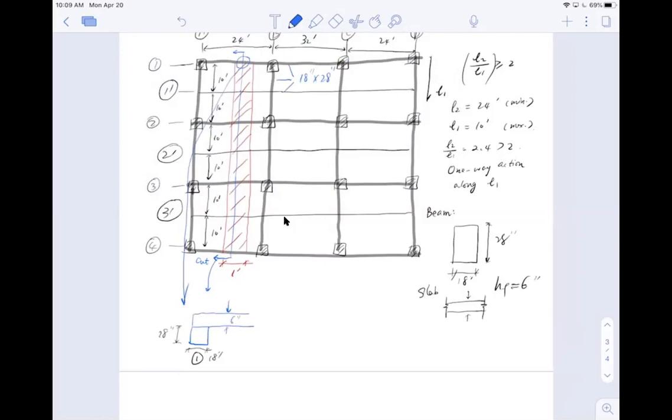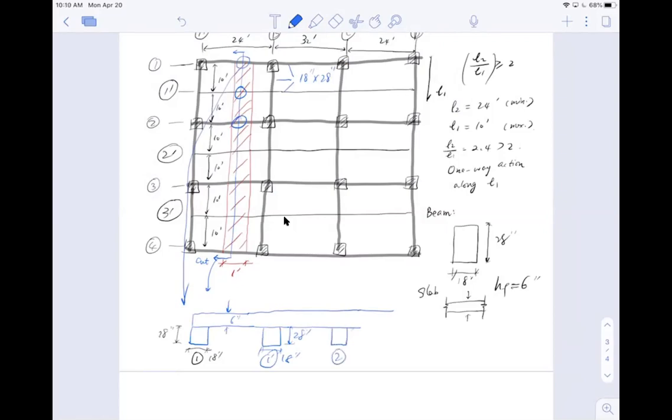So I have my beam 1 here, and then I go along, talking about this joint here. So I have 1 prime, another beam right here. This is my 28, this is my 18. Continue on like this, and then I meet here. Where's my 2?